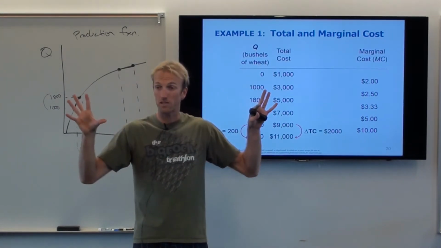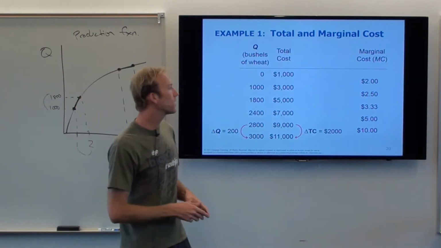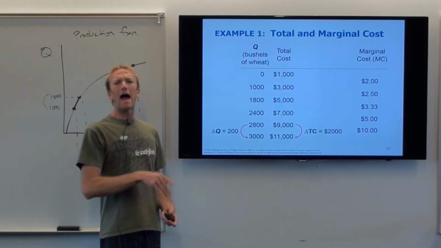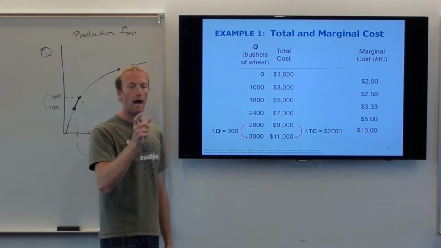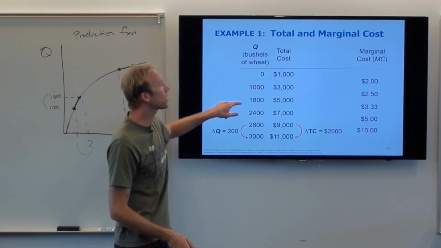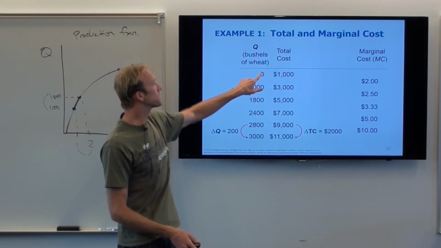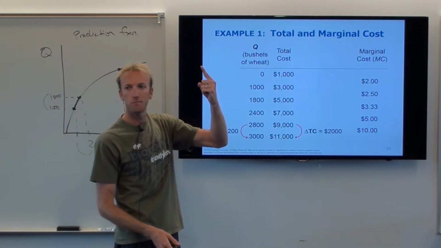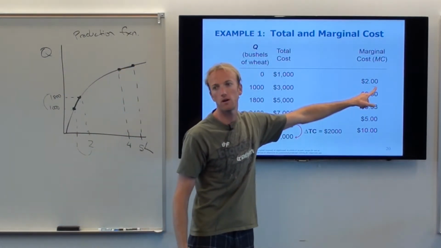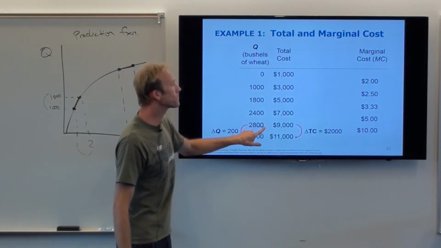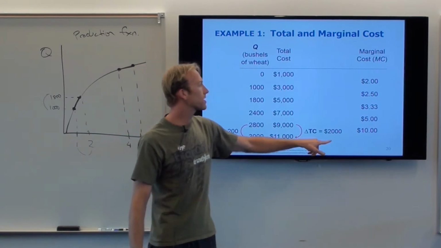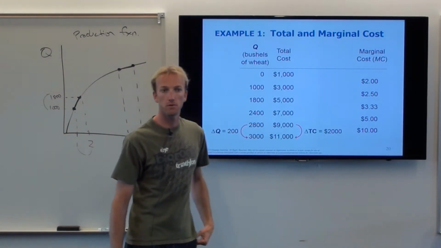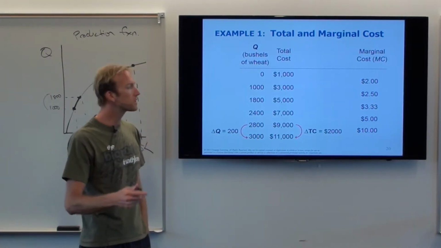I'm talking about all of my costs, my total costs. So it gives you an idea of how much that last unit cost you to make. Going from 0 to 1 bushel of wheat is really cheap. It only cost me $2. But going from 2,800 to 2,801, it cost me $10 to make the bushel of wheat. So it gets much more expensive.